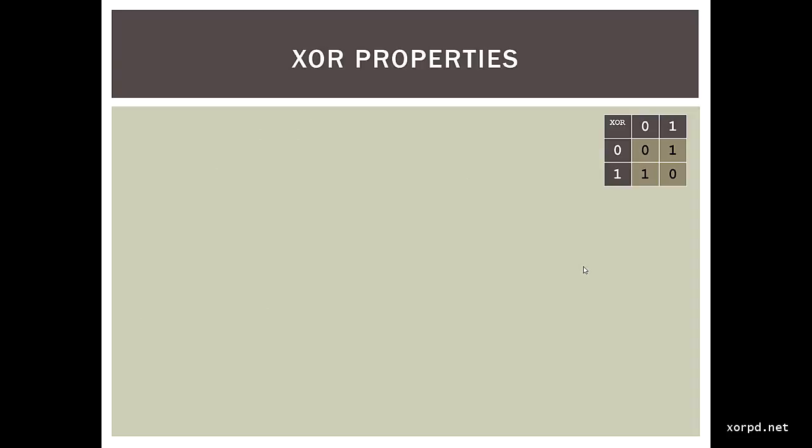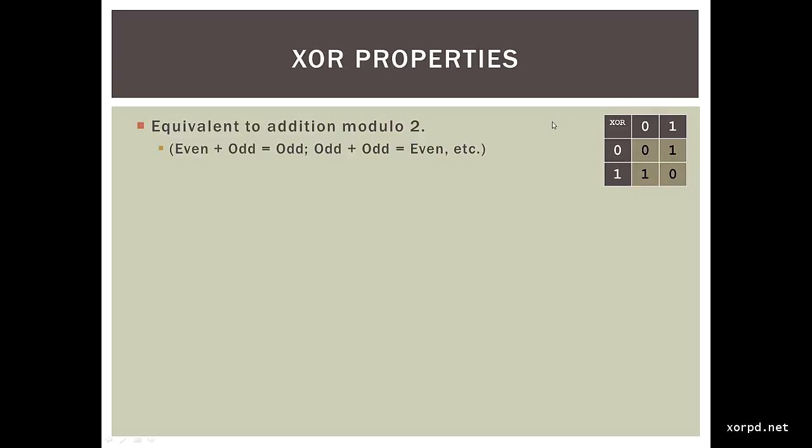Some properties of the XOR operator. I put here this truth table just to remind you how it looks like. The XOR operator is equivalent to addition modulo 2. What does that mean? If we think about 0 as some even number and 1 as some odd number, then we get that even plus odd equals odd.